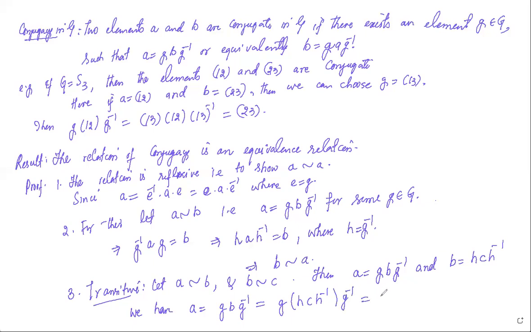Now this is equal to (gH) C (gH) inverse. So this is actually equal to, suppose g dash, C g dash inverse. So this means that A is related to C.